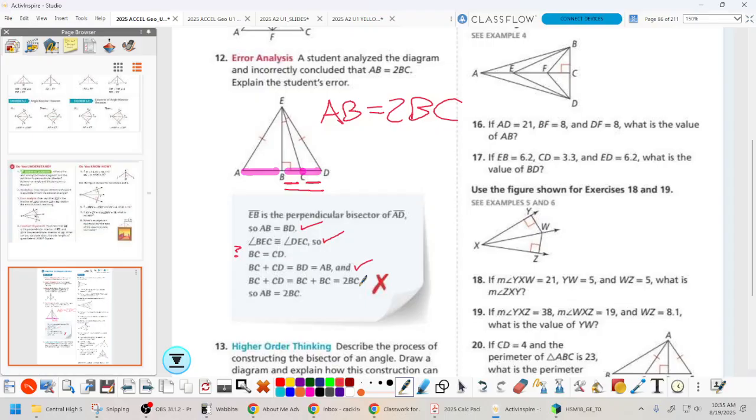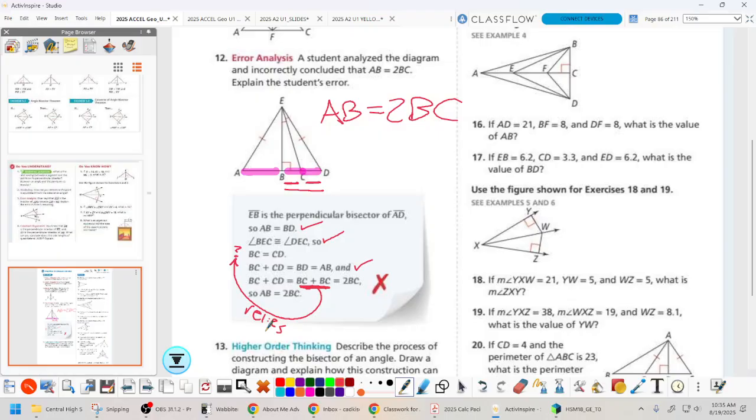That line's logic is true only if this is true, and this truth relies back on this truth. So the logic here is okay as long as BC and CD are the same. Okay? So is that true? That must not be true.